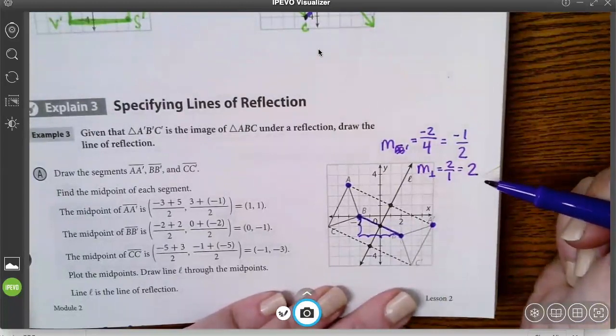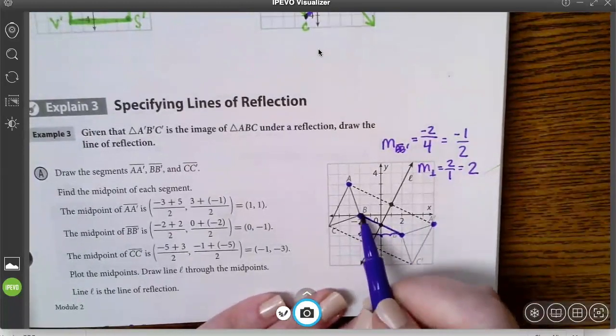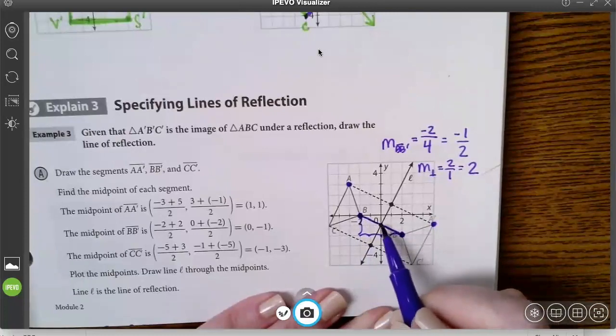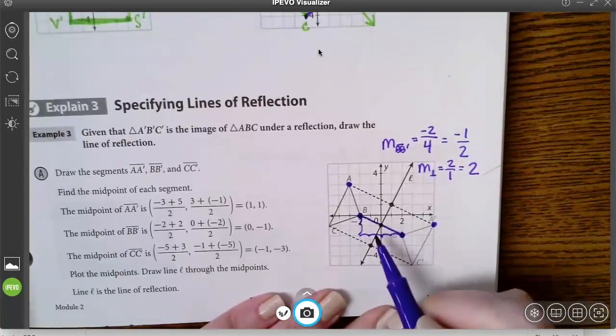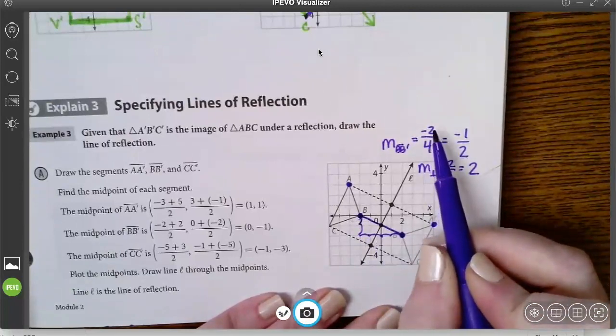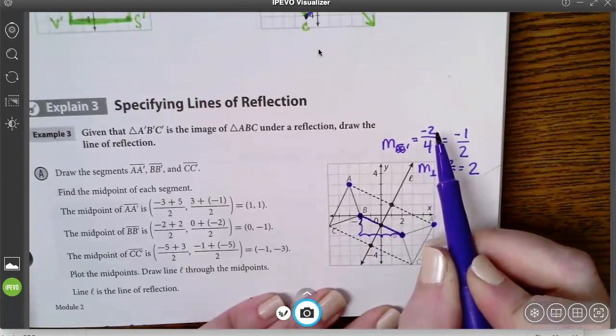We can also figure out where the midpoint is of this line from B to B prime. The midpoint is going to be exactly halfway between B and B prime. You could do that with the midpoint formula: average your X's and average your Y's. Or if you have a graph like this, I can just cut these slope numbers in half. So instead of going down 2 and over 4, I can take half of this 2 and half of this 4.